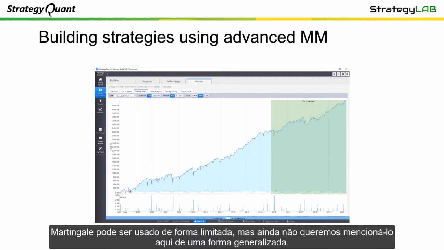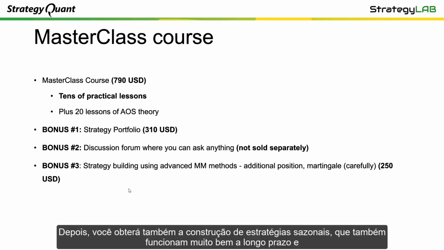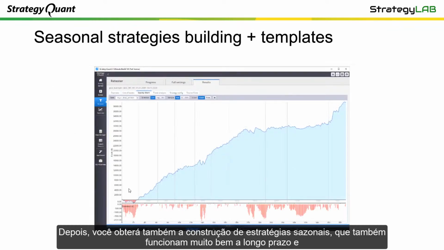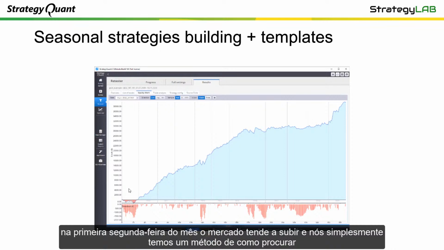Otherwise, martingale can be used in a limited way, but we don't want to mention it here in a general way yet. Then you get building of seasonal strategies, which also work very well in the long run, and you will get all the templates for that. Seasonal strategies are those specific strategies where we use different time formations, because quite often in some markets, for example, on the first Monday of the month, the market tends to go up.